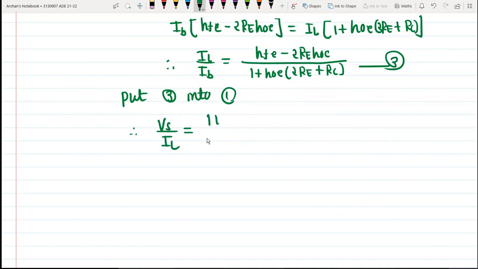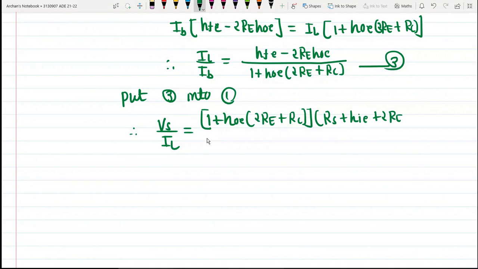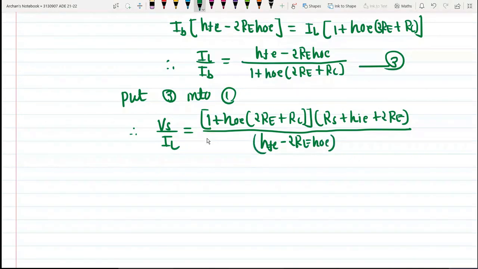Vs by IL is equal to 1 plus HOE (2 times RE plus RC) into (RS plus HIE plus 2RE) divided by HFE minus 2RE HOE, plus 2 times RE. Okay, so this is what we are getting.